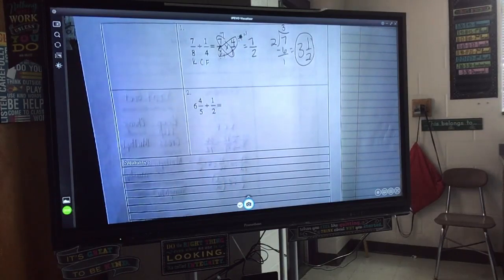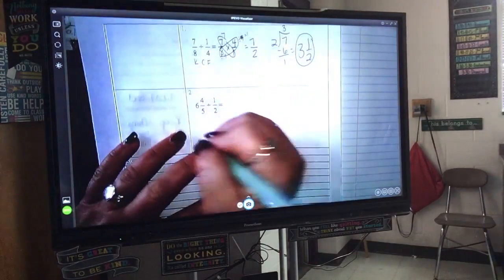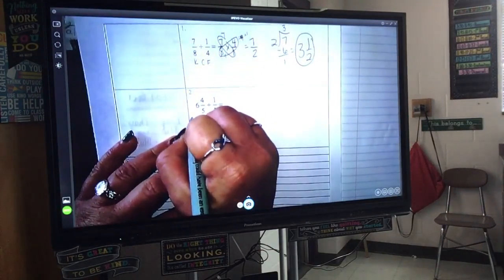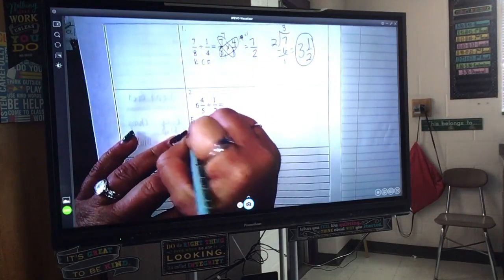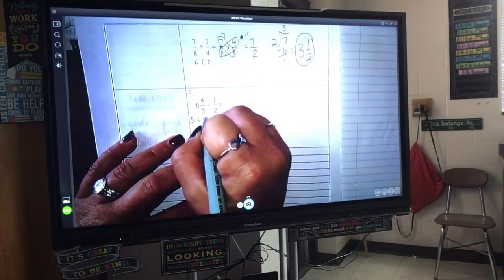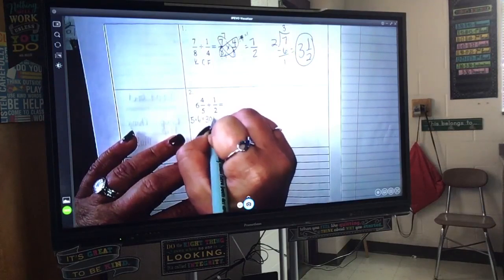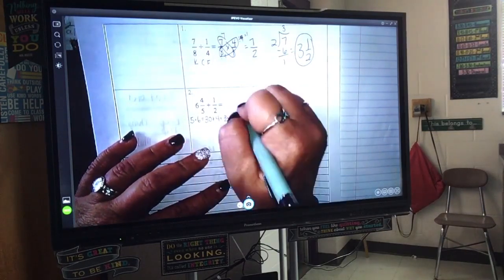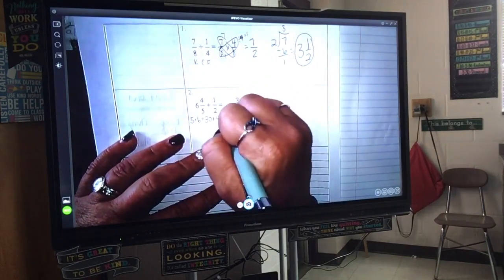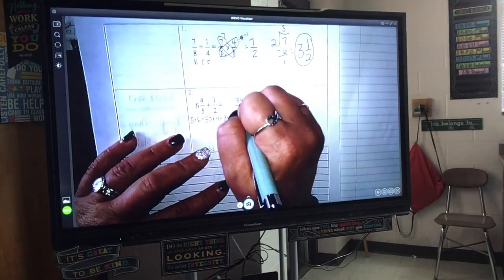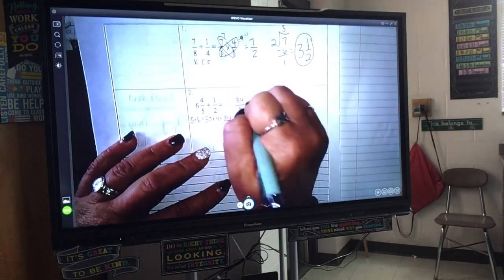Now for this one down here, we are not going to butterfly method it. Okay? You want to explain it? Yeah. So first I had to change the mixed number into a fraction. So I did 5 times 6, and then I got 30. And then I did 30 plus 4 to get 34. And then I put that over 5. And then I divided it by 1/2.